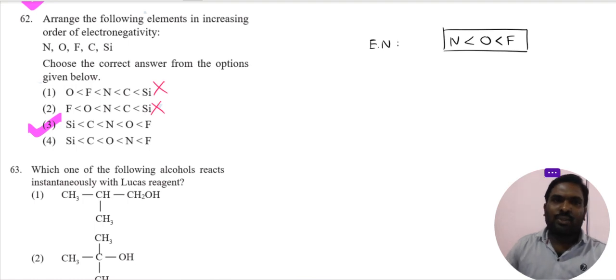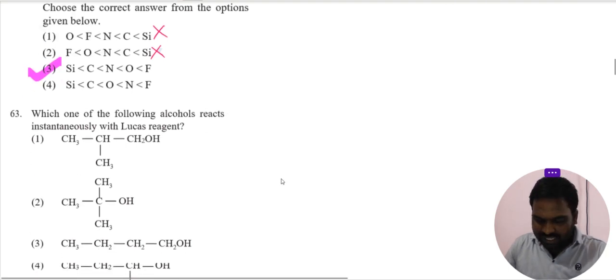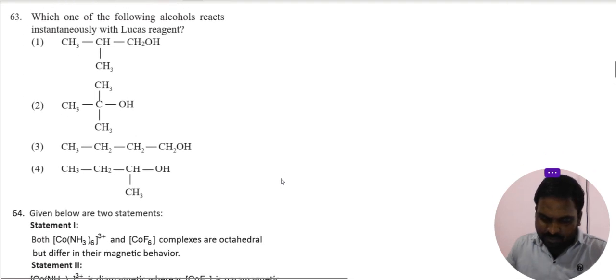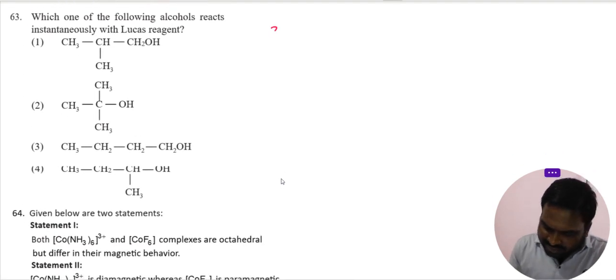Now coming to the next question: which one of the following alcohols reacts instantaneously with Lucas reagent? You know, tertiary alcohols immediately give turbidity with Lucas reagent.